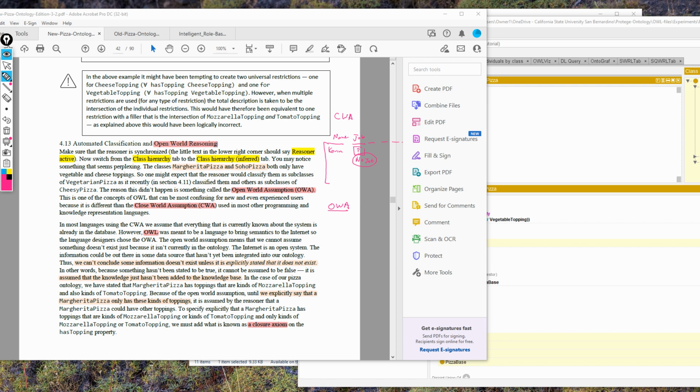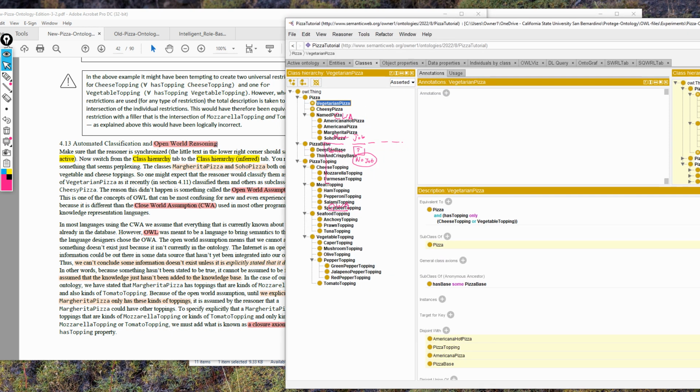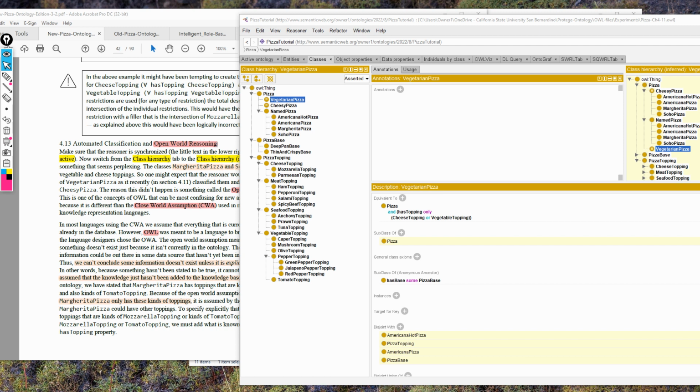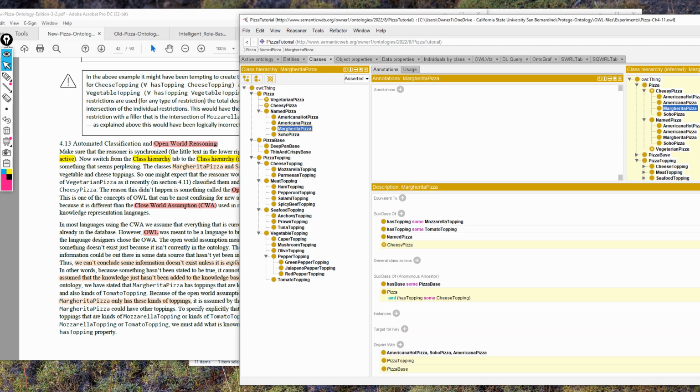Now, having said that, let's go back to our example. If you look at the definition of the vegetarian pizza, it has necessary and sufficient conditions: it has to be a pizza, and at the same time, this pizza can only have cheese or vegetable toppings. Now look at the Margherita pizza.